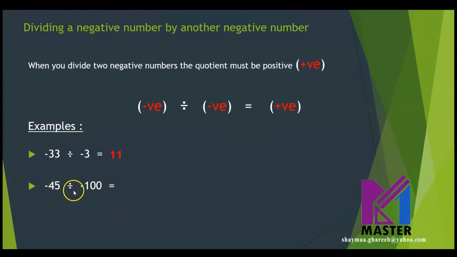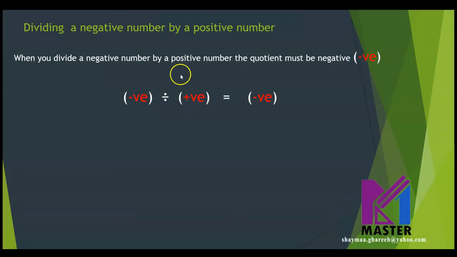Negative 45 divided by negative 100, the answer is positive, which is 0.45. Negative 68 divided by negative 4, the answer is positive, which is 17. Is this clear? So when we divide two negative numbers, the answer is a positive number.